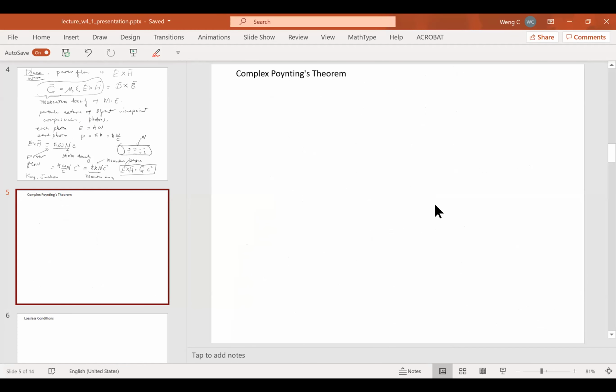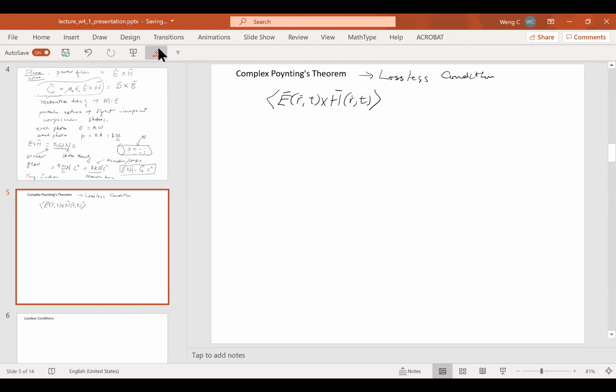If no question, let's move on to the complex Poynting theorem. We have studied the instantaneous Poynting theorem before. We even studied the complex Poynting theorem later on. We like to use the complex Poynting theorem to arrive at what we call the lossless condition. And we learned this before, which is that if you take the instantaneous Poynting power, this is the instantaneous power density.